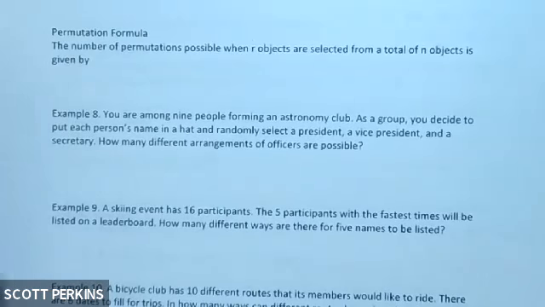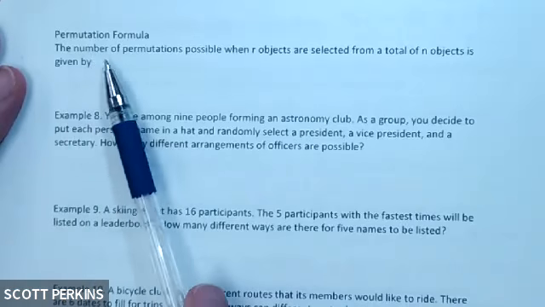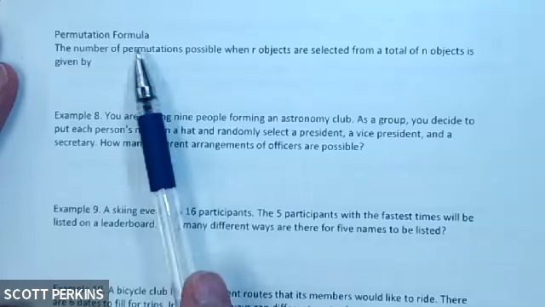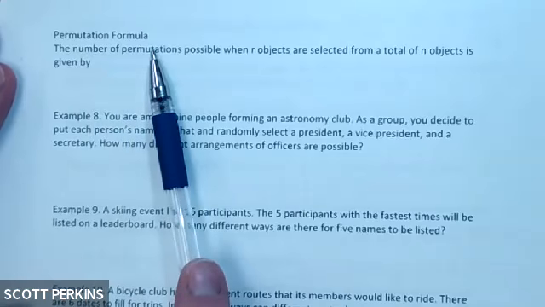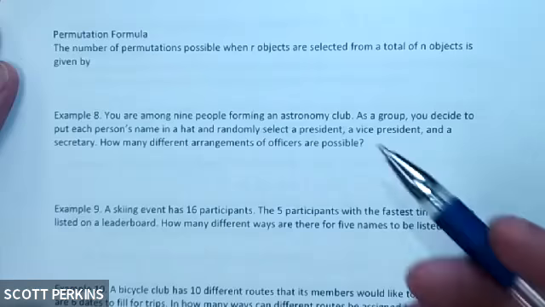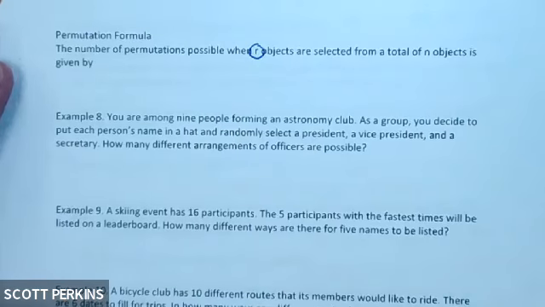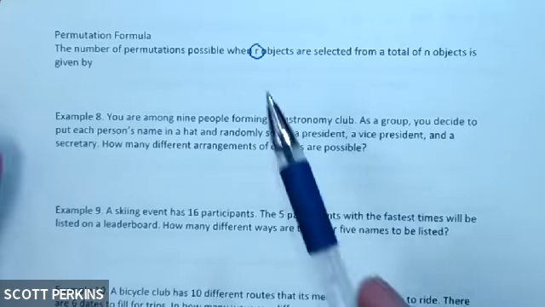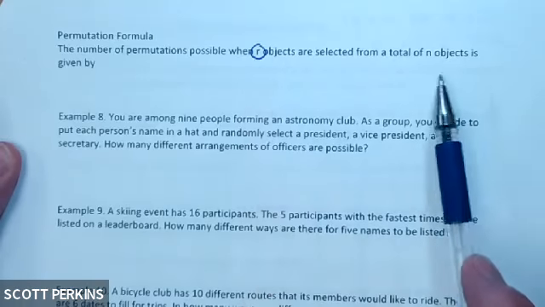The number of permutations, meaning the number of ordered arrangements possible when R objects are selected from a total of N, is given by the following formula. In the example at the bottom of the previous page, I was choosing 3 letters out of the 5 letters. So here we're choosing R objects out of the N objects.